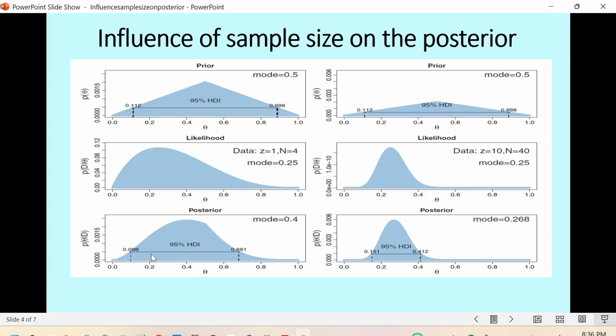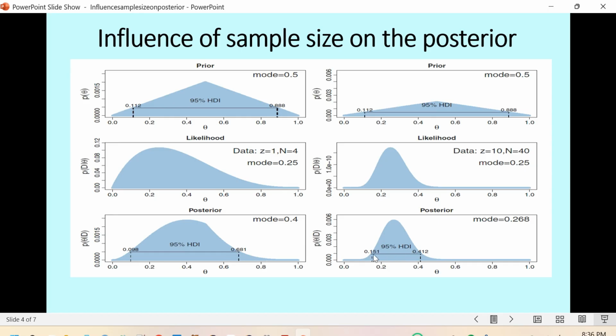Compared with traditional frequentist statistics, which focus on the confidence interval from hypothesis testing, Bayesian statistics do not use this kind of confidence interval. Bayesian statistics use the highest density interval. HDI means that for this range, all the probability density is higher than the density outside of this range.